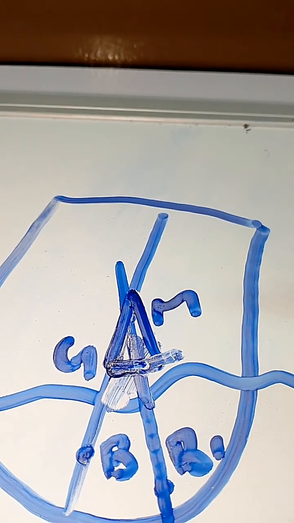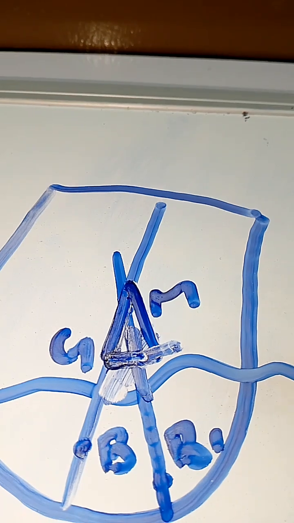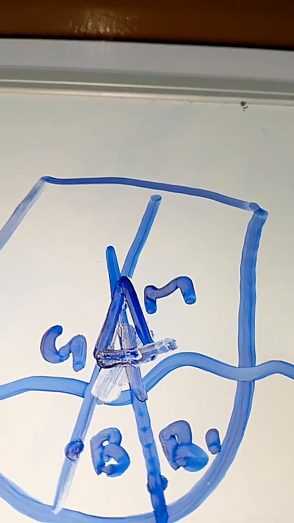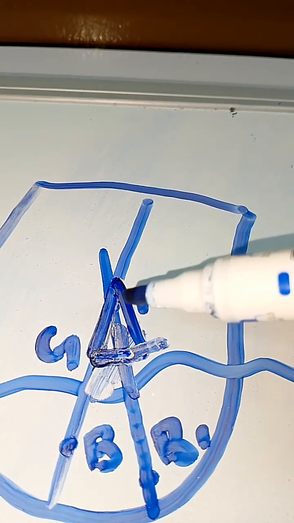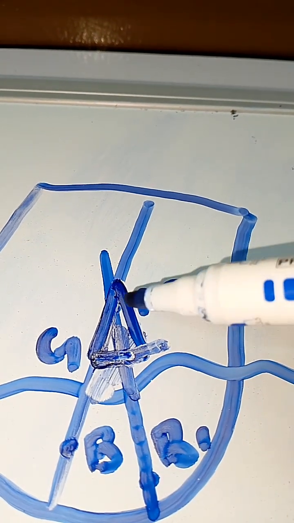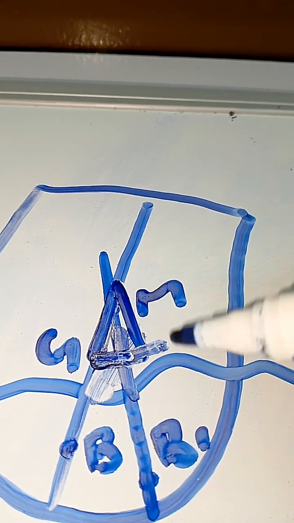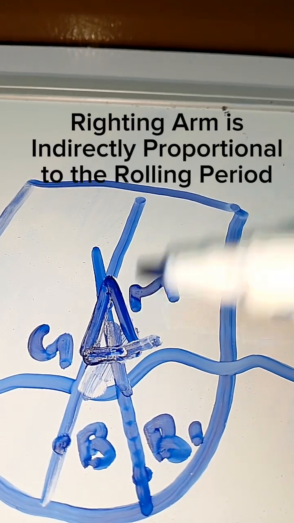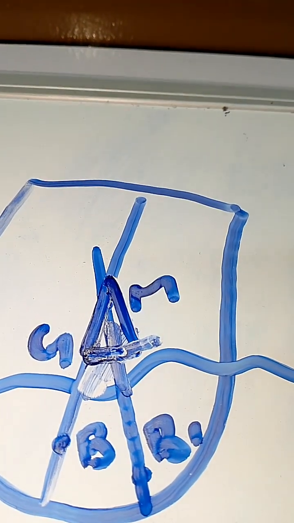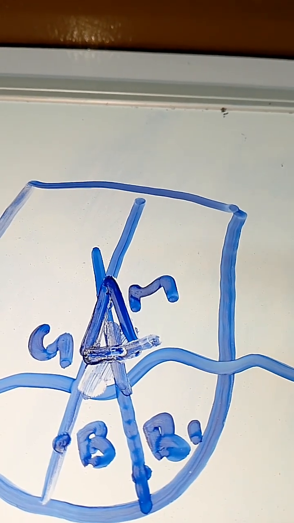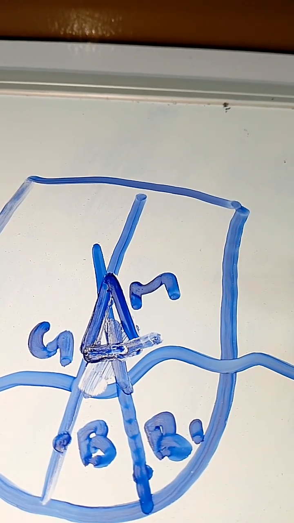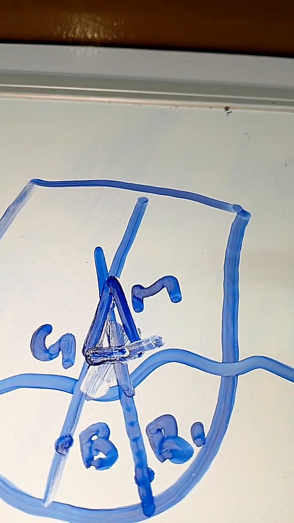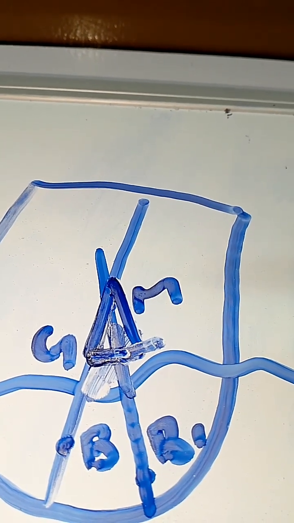Opposite from the metacentric height and righting arm, which are directly proportional, the righting arm and the rolling period are inversely proportional, meaning the longer the righting arm, the faster or the shorter the rolling period. The shorter the righting arm, the longer the rolling period.